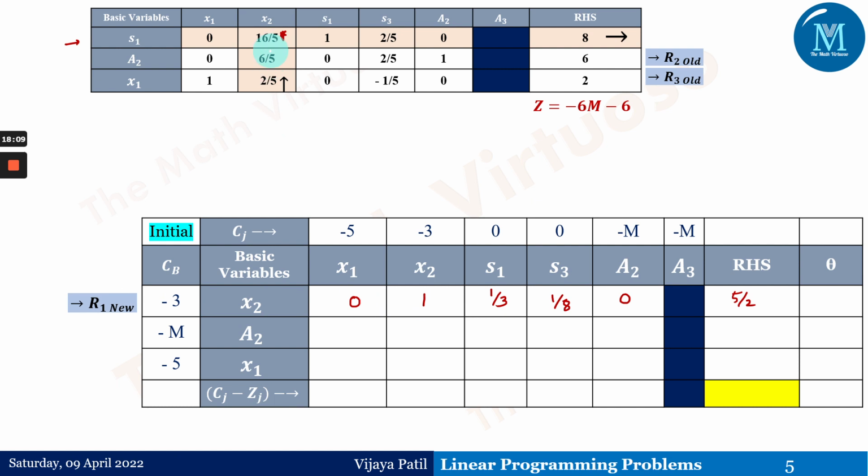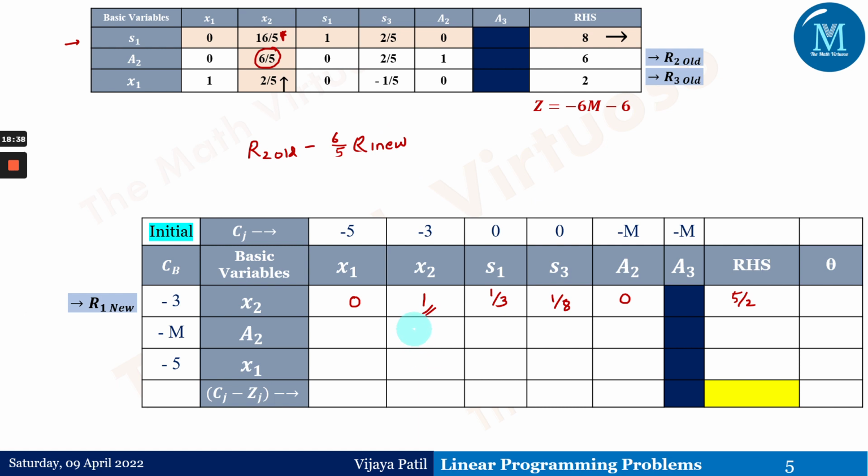Next task is to convert this 6 by 5 into 0 using this one element. So you have to choose the transformation for R2 new as R2 old minus, what would that be? I don't want this 6 by 5 here, and instead of this I should have the 0. So that is 6 by 5 times this element, that is the element of R1 new.